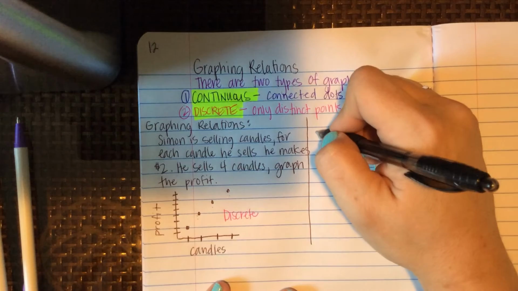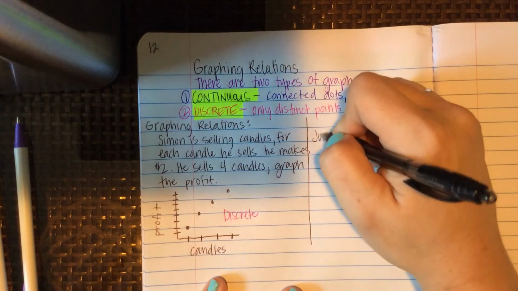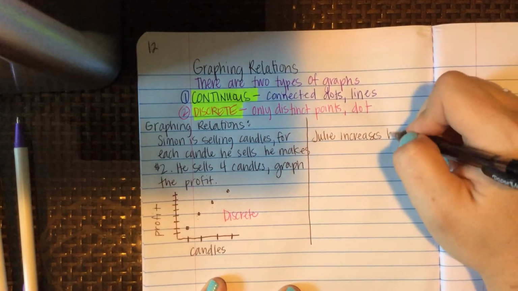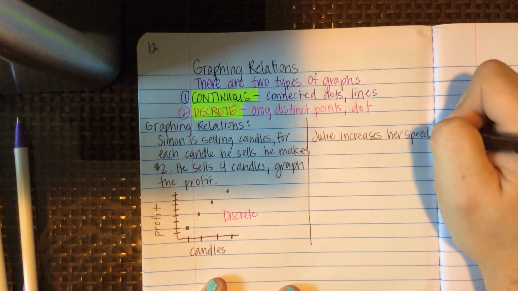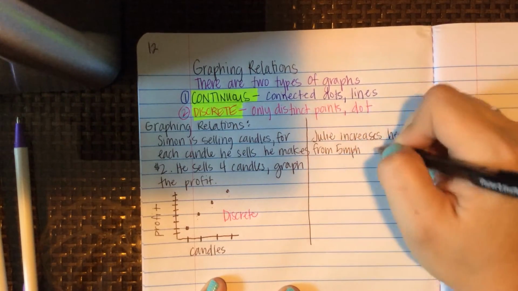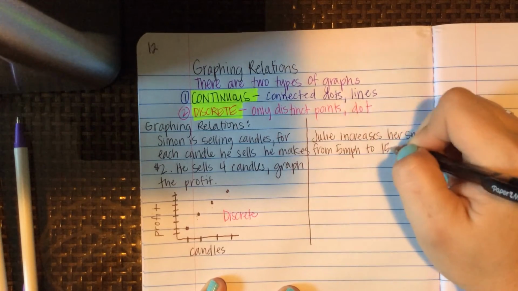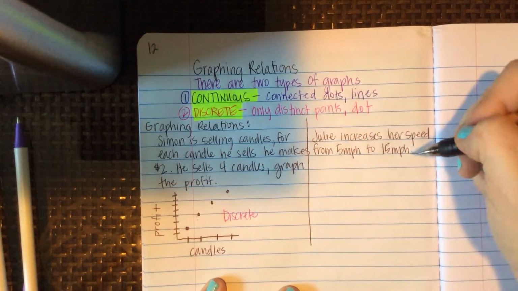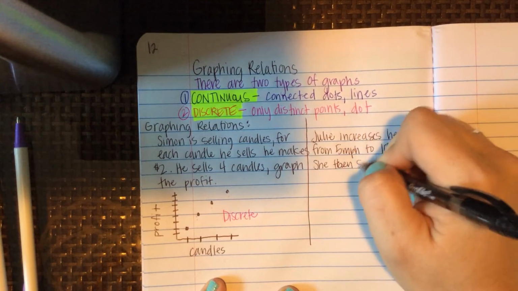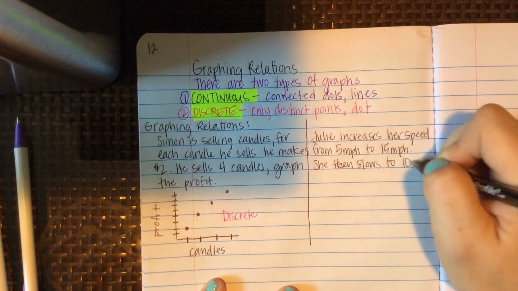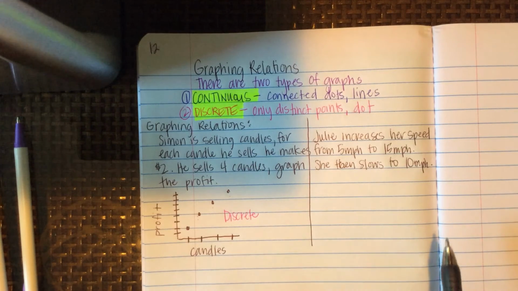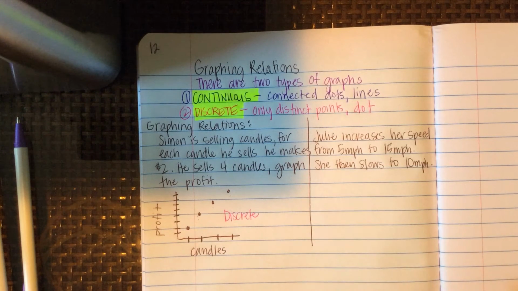The second type of graph would be for a situation like this. Julie increases her speed from 5 miles per hour to 15 miles per hour. She then slows to 10 miles per hour.